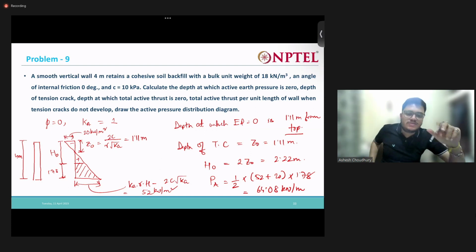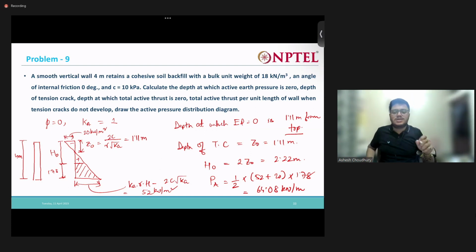Now what would have changed if in the question tension cracks did develop? In that case, what would have happened?